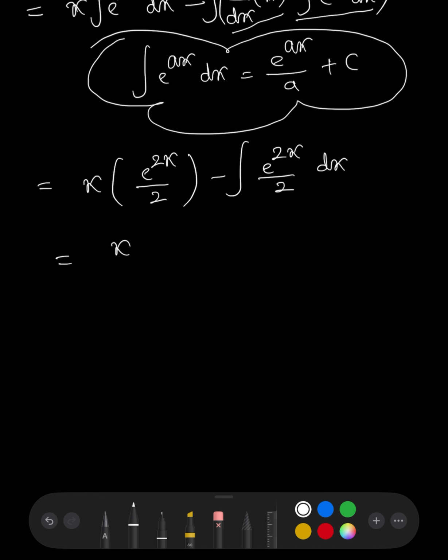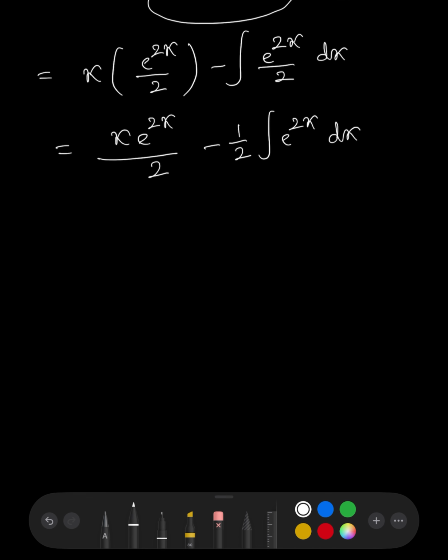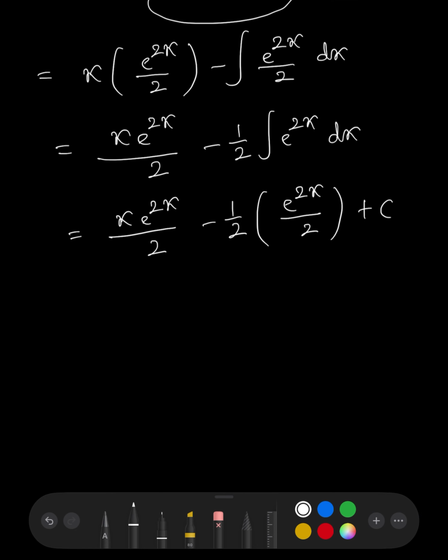So this one is x into e power 2x by 2, minus 1 by 2, which we can write outside, the integration of e power 2x dx. Again, the integration of e power 2x is e power 2x by 2, plus c.